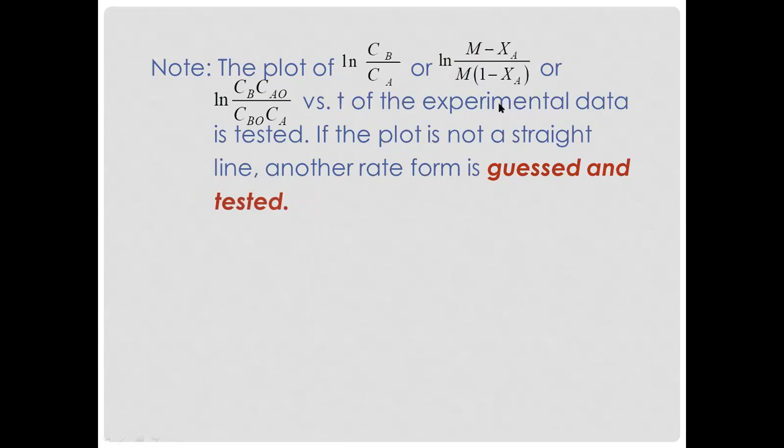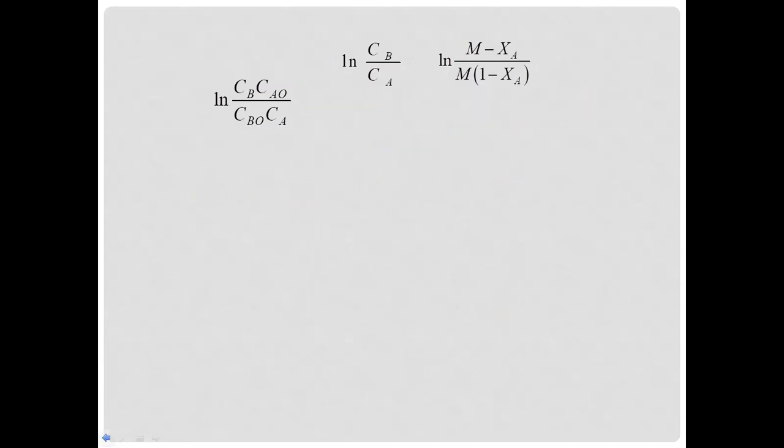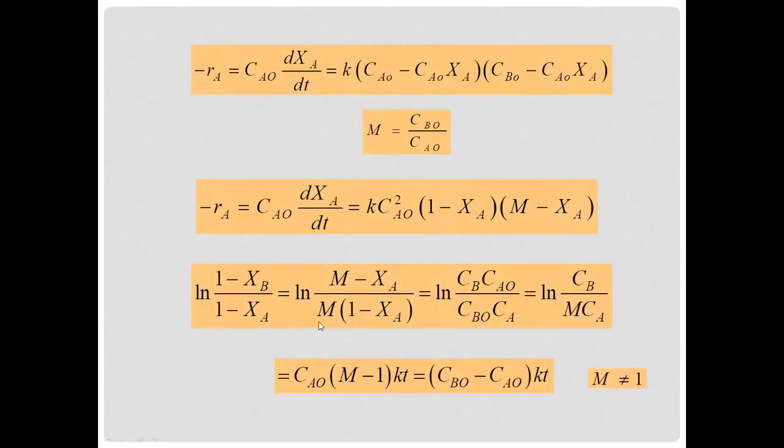If you're wondering where this ln of CB over CA, or ln of (m minus XA) over m times the quantity (1 minus XA), or even the ln of CB CAO over CBO CA came from, it came from the equation that you have in here. Okay, so this is one representation for y.